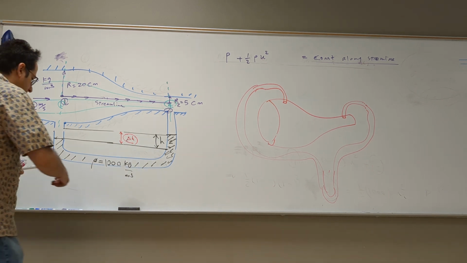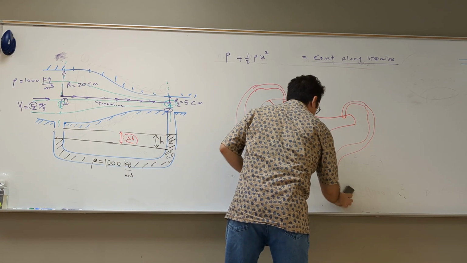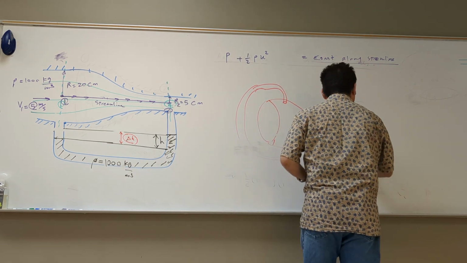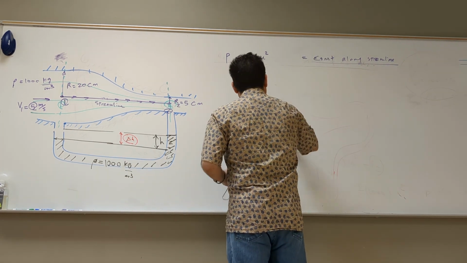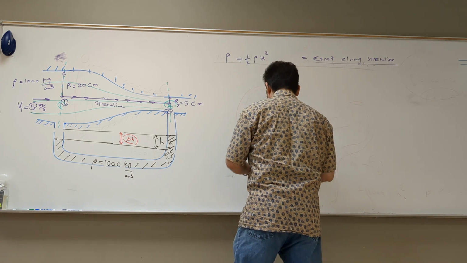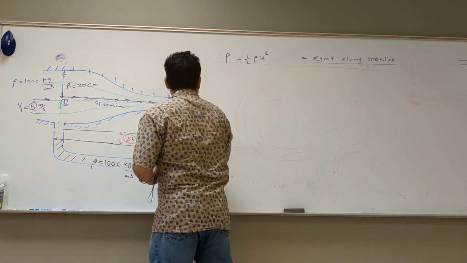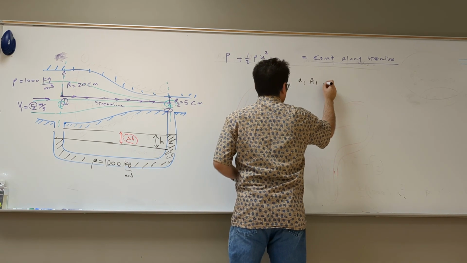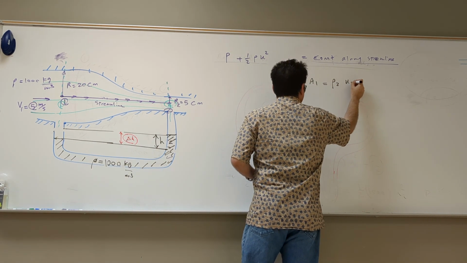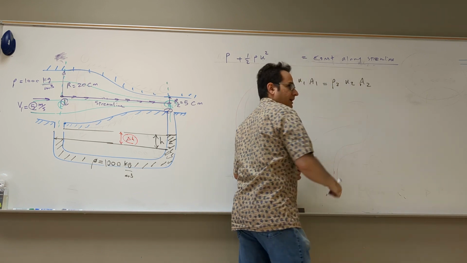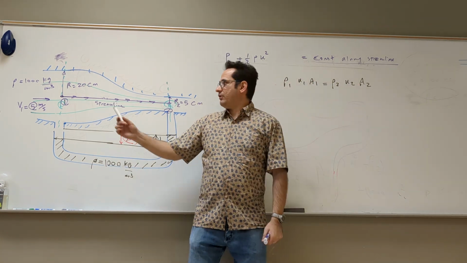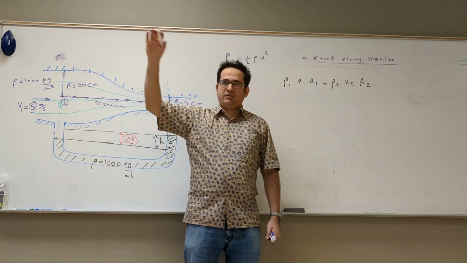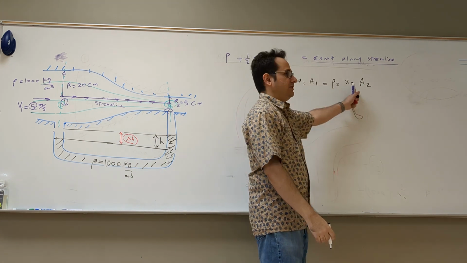Solution to this problem, we use continuity first. Between these points, we have rho 1, u1, A1 is equal to rho 2, u2, A2. You know that I start from the control volume, I simplify all those integrals and I end up with that.